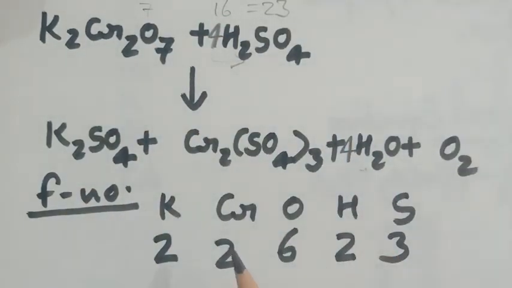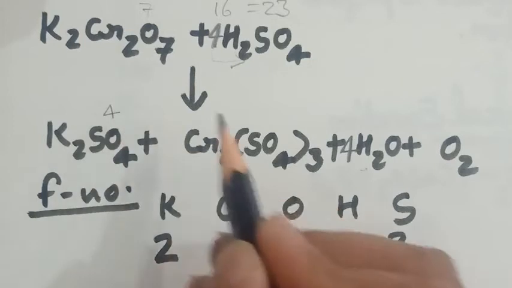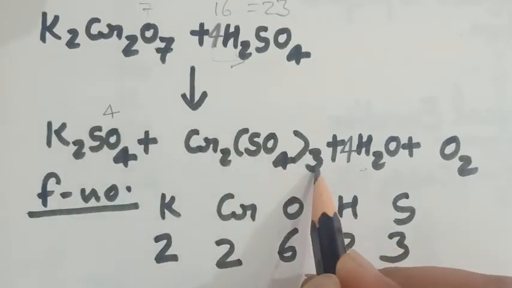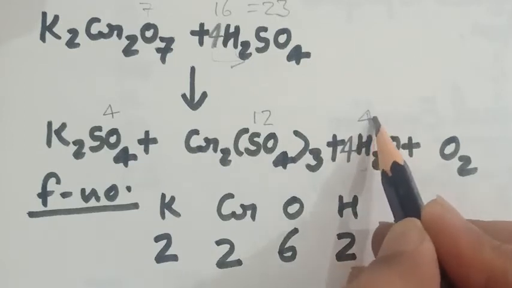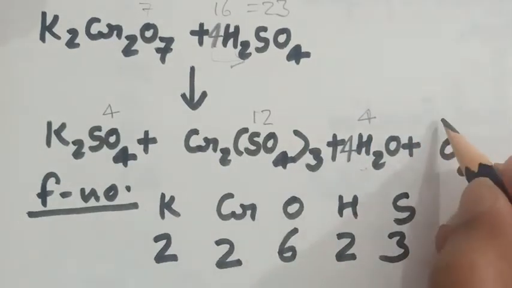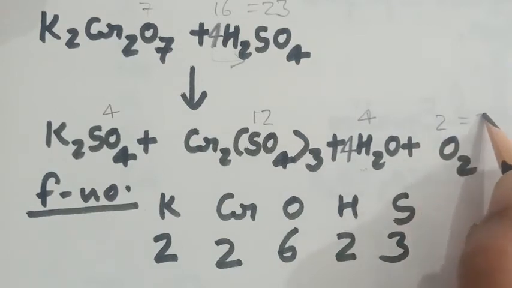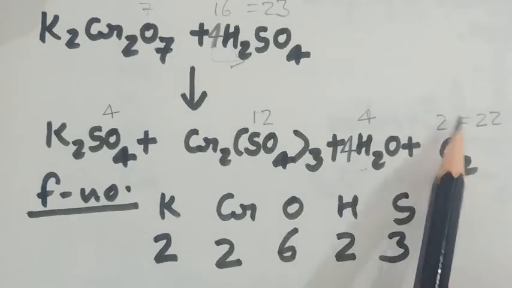Then on this side the total number of oxygen atoms: here 4, this side 4 times 3 is 12, then 4, then 2, so the total number is 22. So there is one difference.